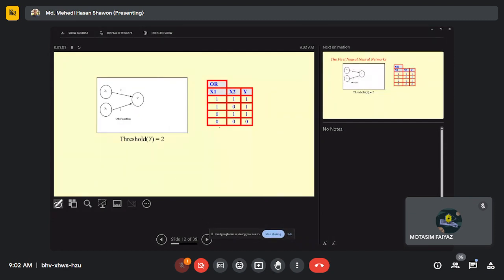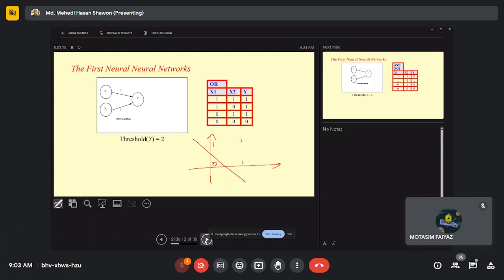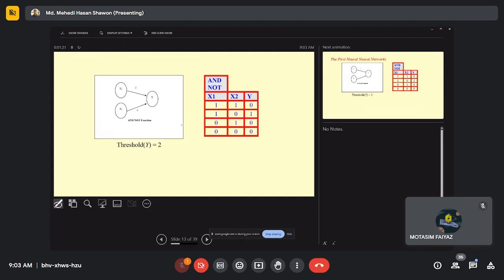If you consider the OR gate, it will be something like that: 1 1 gives 1, 1 0 gives 1. You can also draw a line and solve this problem, right? The problems occur when you consider the XOR gate. So what is the XOR gate?